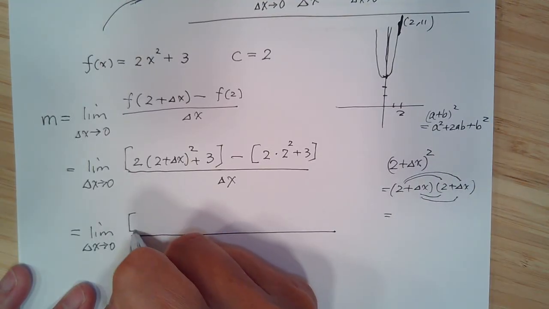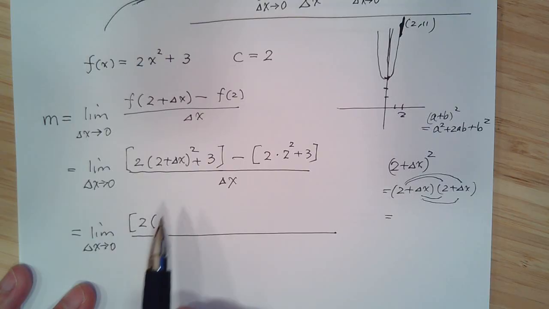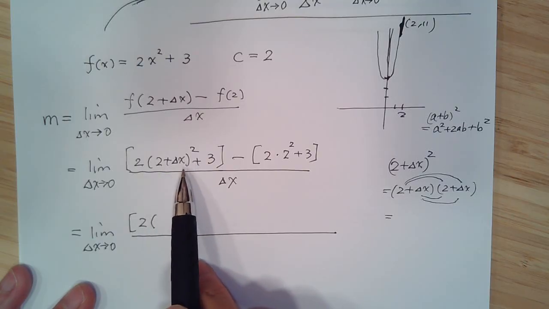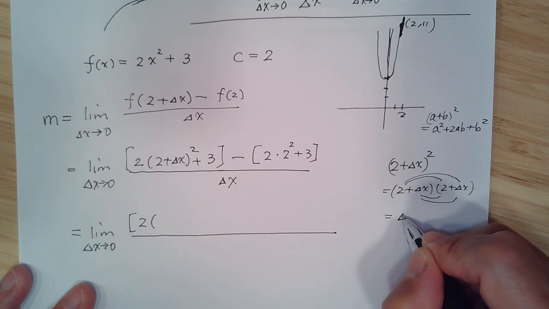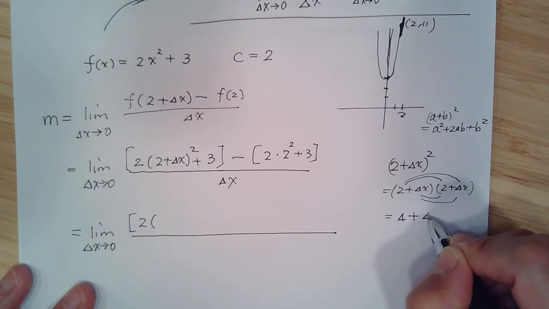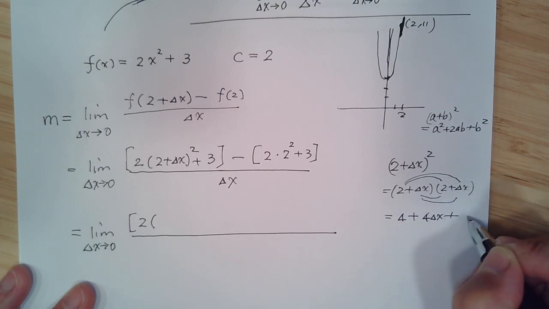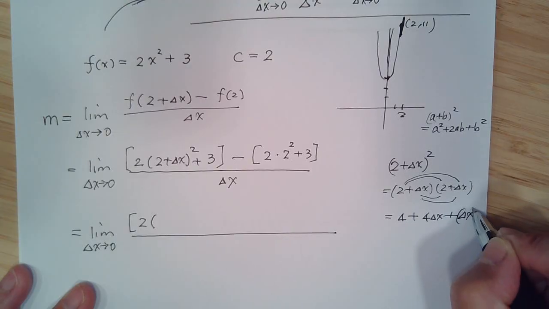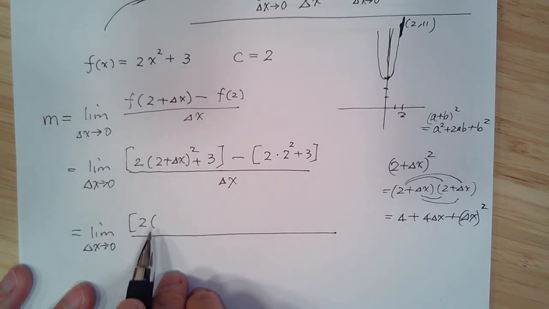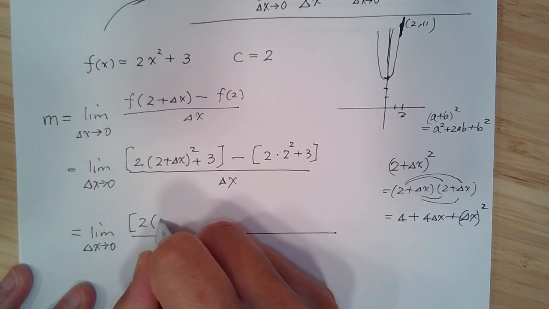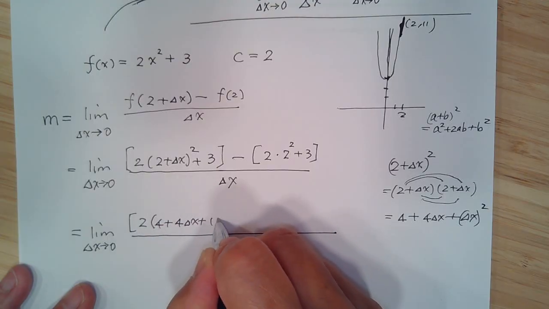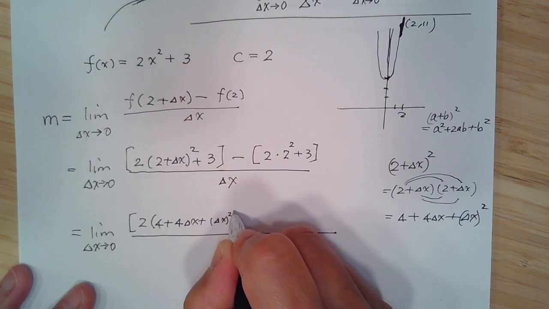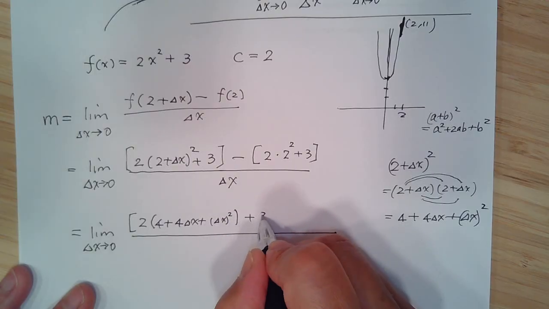So let me just make sure that I have (2 plus delta x) squared. I have this square thing worked out. So that's going to be 4 plus 4 delta x plus delta x squared. Okay, so I'm going to put that in the parentheses. So that's going to be 4 plus 4 delta x plus delta x squared, plus 3.